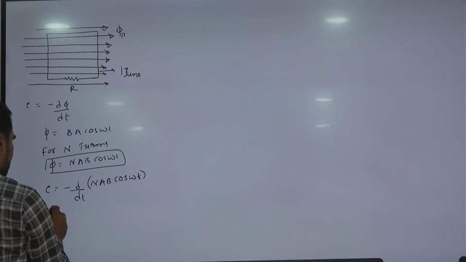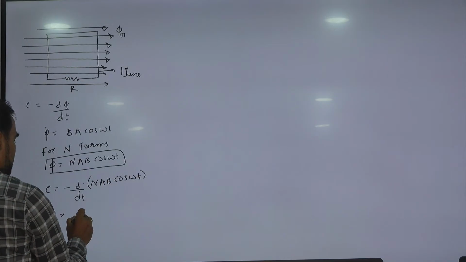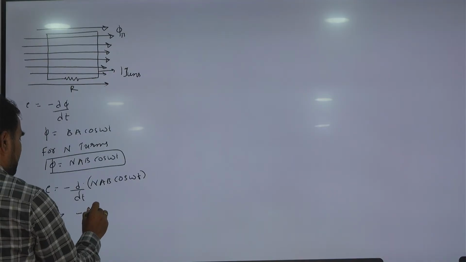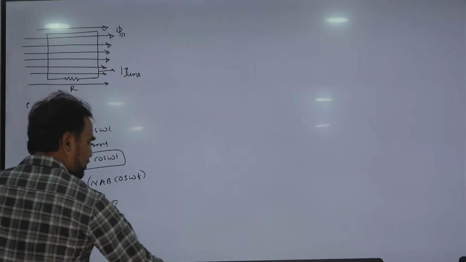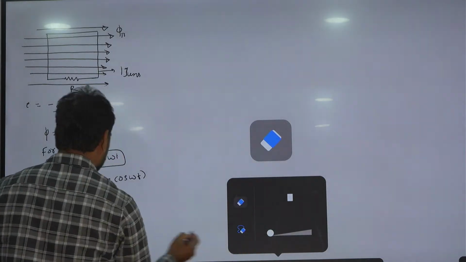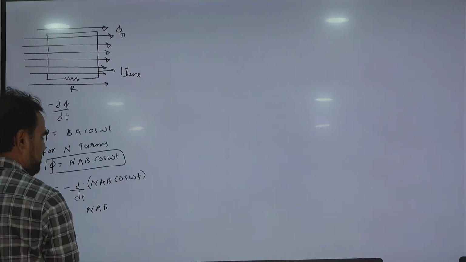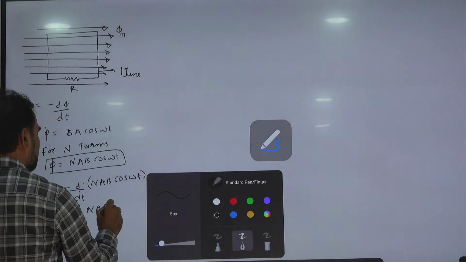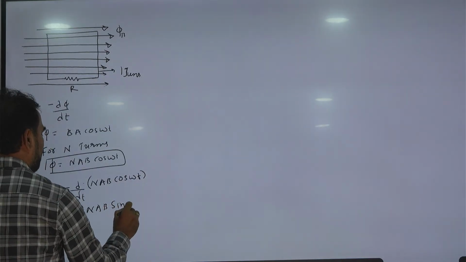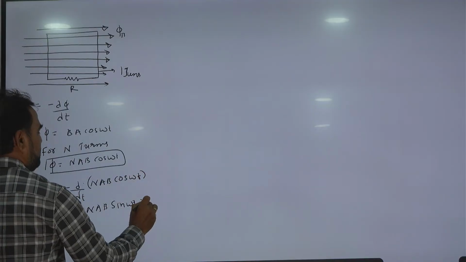Therefore, this is what I am writing. E is equal to minus NAB times the derivative of cos omega t. The derivative of cos omega t is minus sin omega t into the derivative of omega t, which is omega.